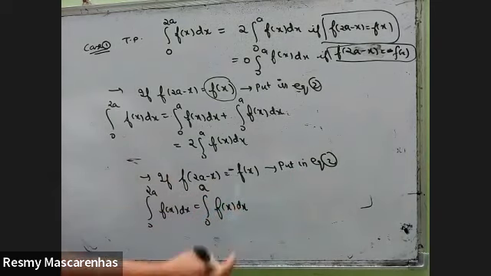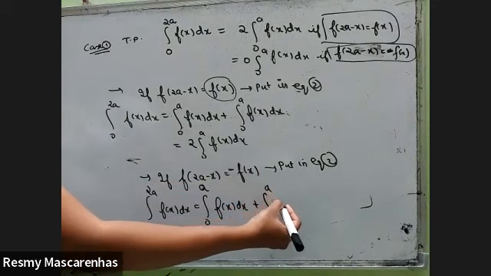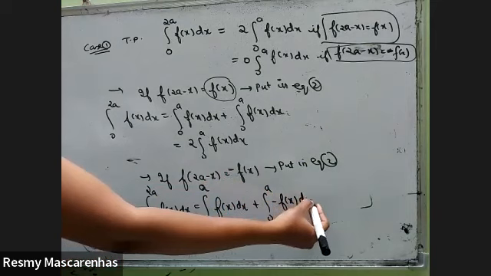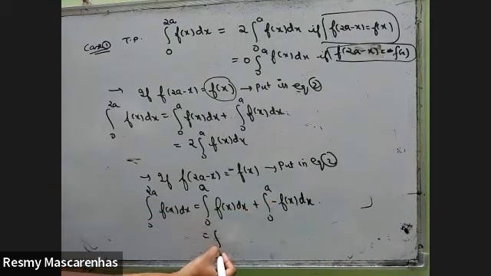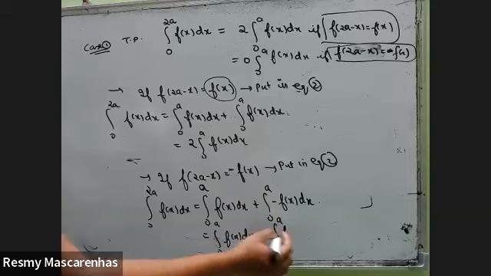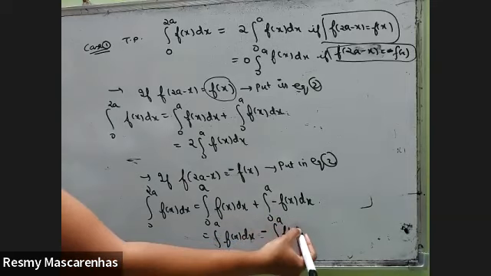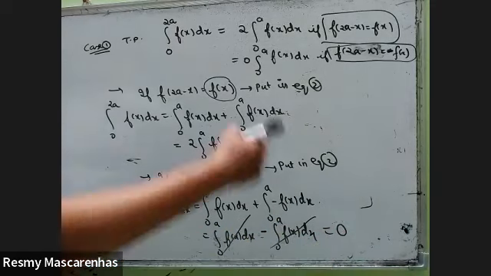So instead of f of 2a minus x, I have to put this as minus f of x. This minus will come out. So it is going to cancel, and this will be 0.